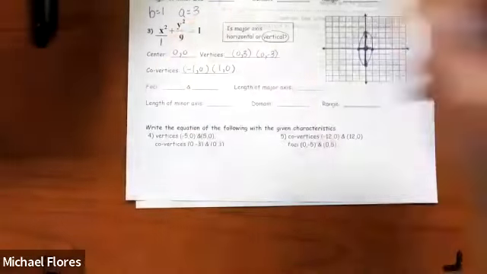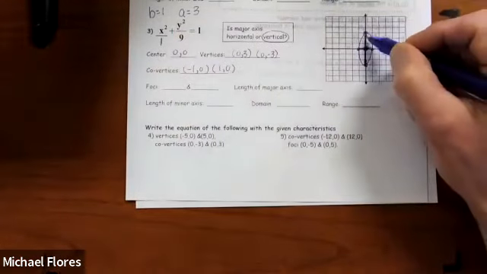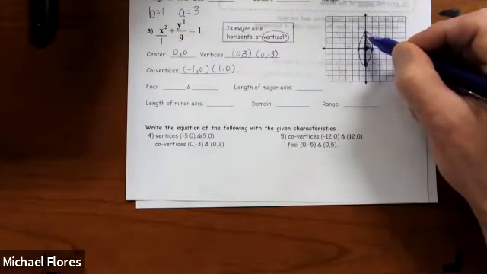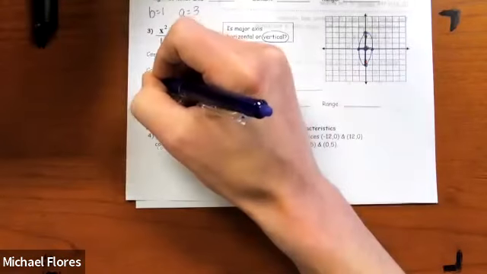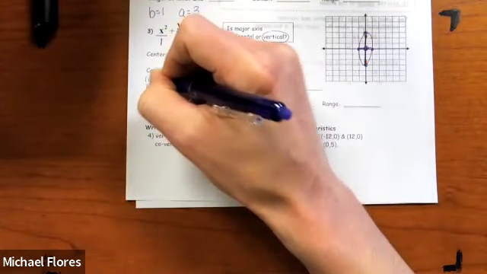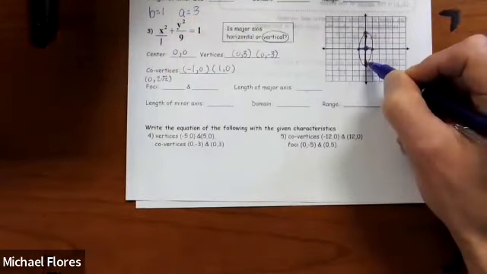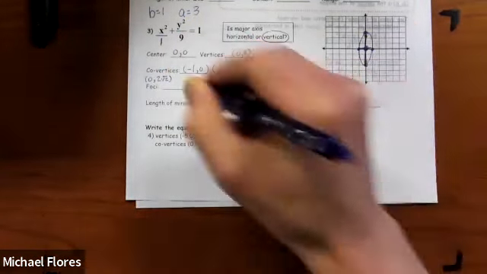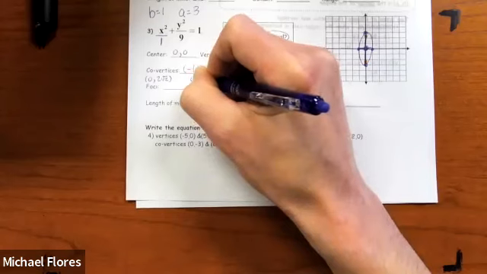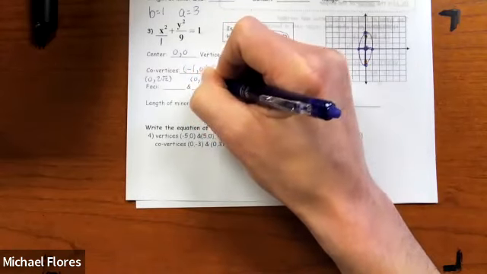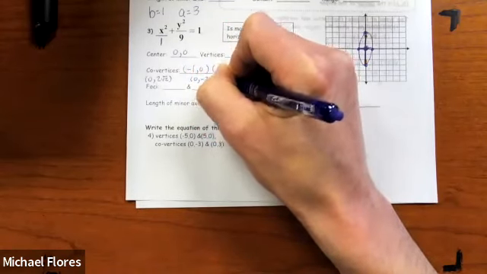So as an ordered pair, that would be this dot here, that dot right there, that focus is 0, 2 root 2. This dot in orange, that focus is 0, negative 2 root 2.